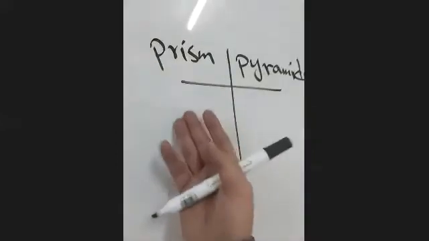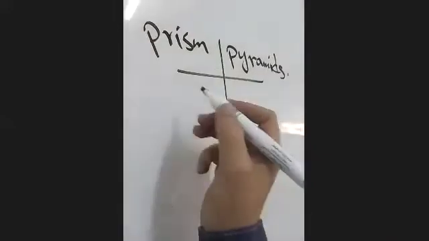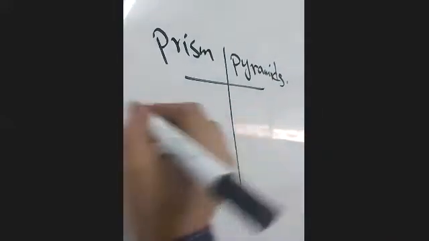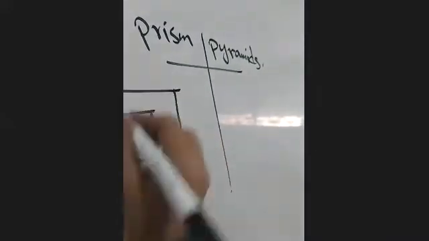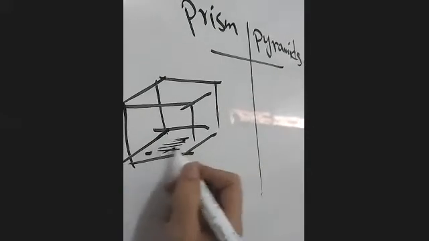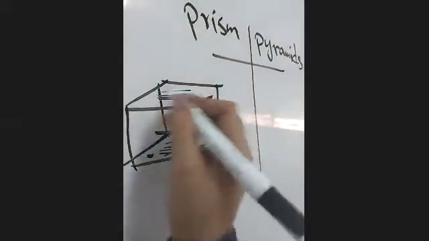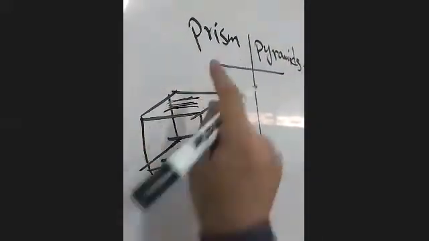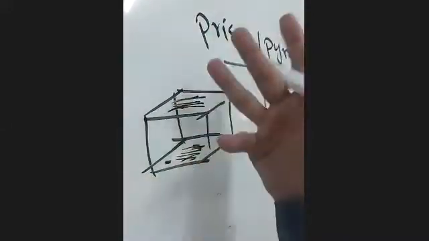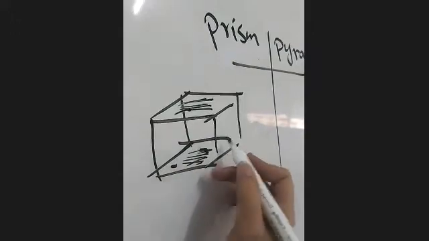Now, what is the prism? The prism is like the room you are inside. The prism has two congruent bases, like the room, guys, or the box: the floor and the roof. This we call a prism. Now, how do we name it? We take a look at its base.